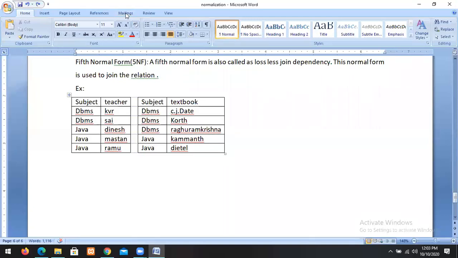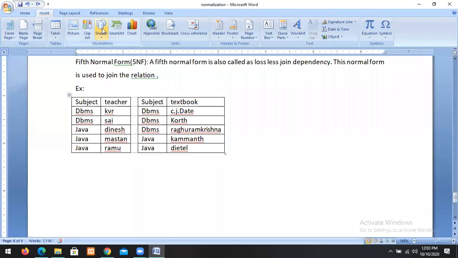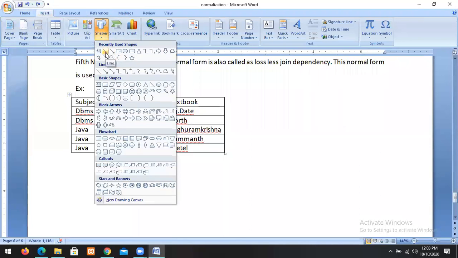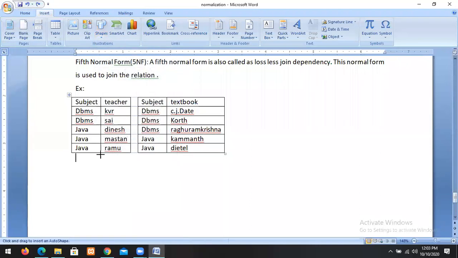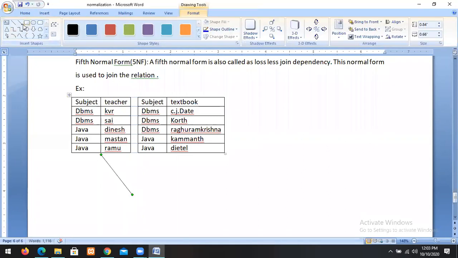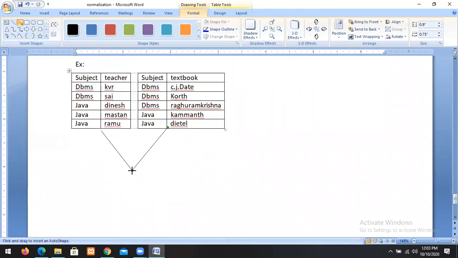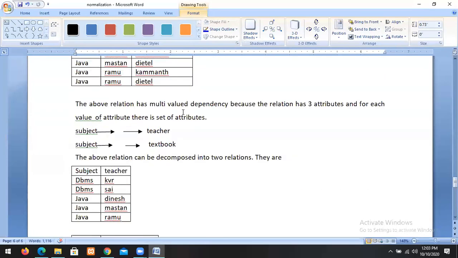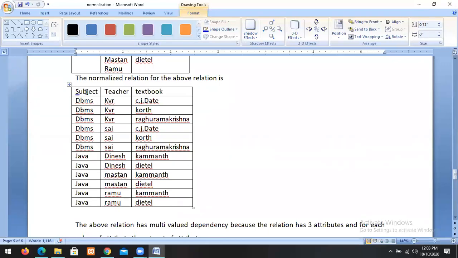If I use fifth normal form, it is used to join the relations. Suppose I want to join this relation with some other relation, we use fifth normal form. When I join these two relations, then we get the original relation.